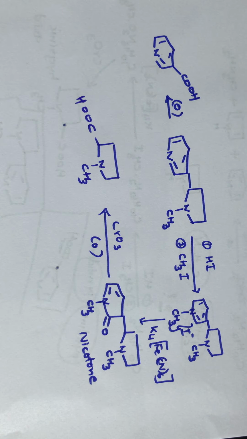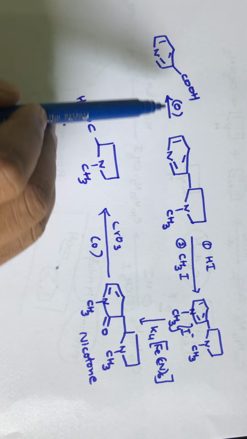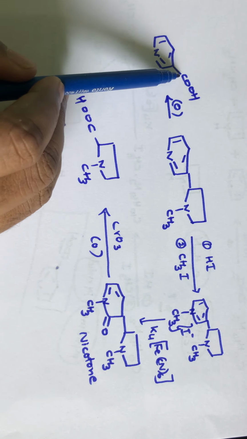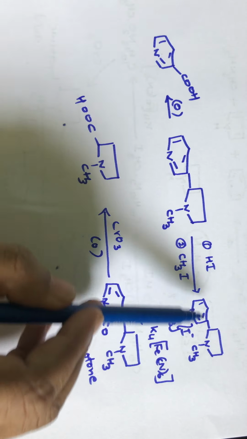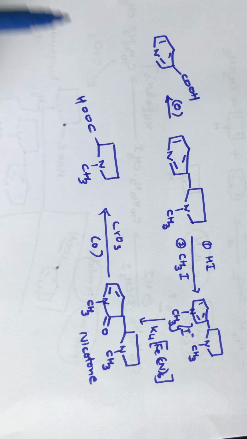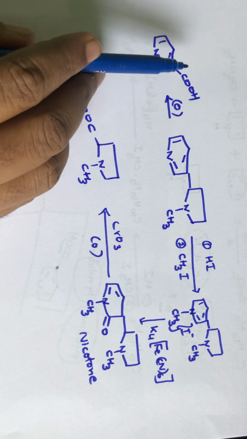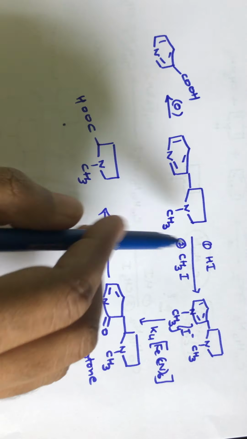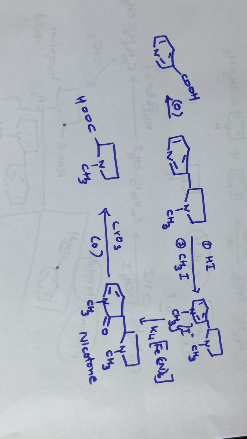Look at this now. In nicotine on oxidation, this part gets oxidized and you get a substituent at this position. By this method, this part gets oxidized and you get a substituent at this position. That means this position and this position are both linked. So that is why the structure of nicotine is like this.